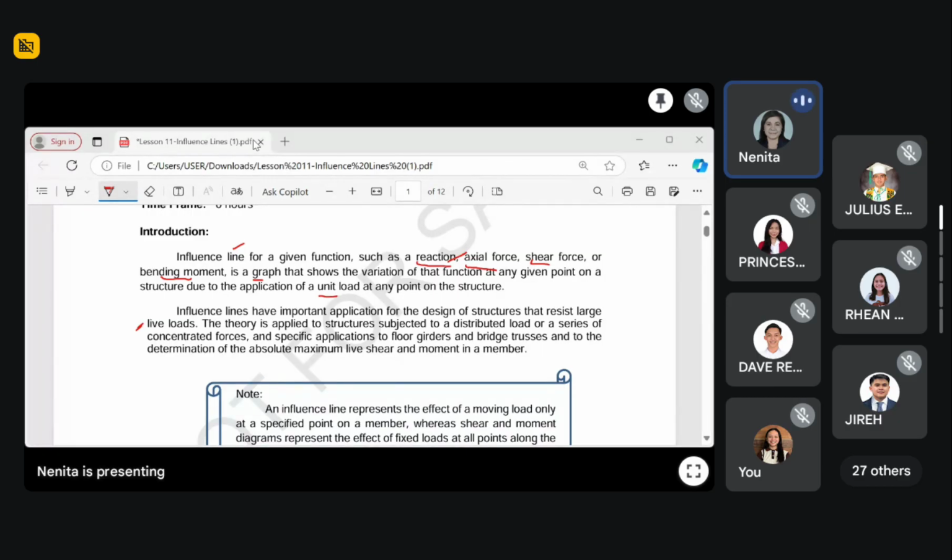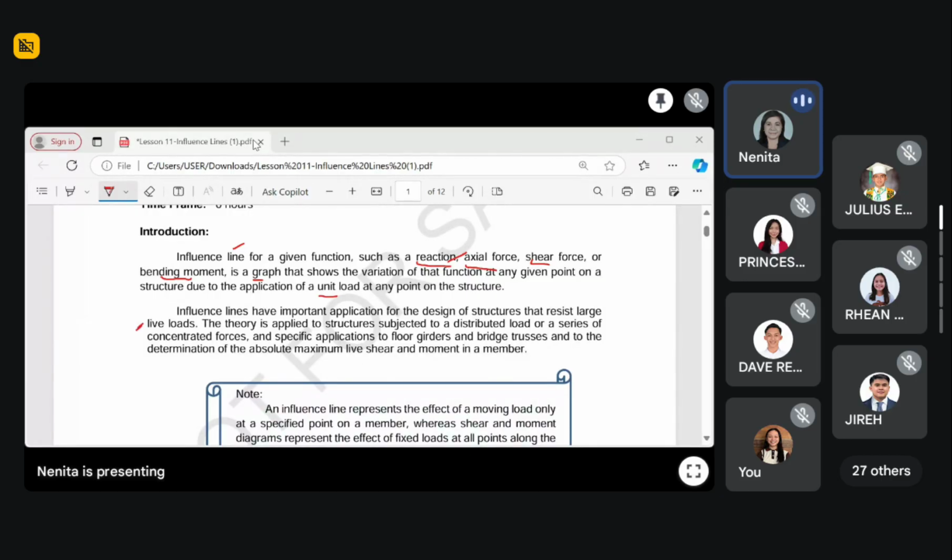Then by the 12th and the 15th, we are going to have a series. Our topic is series of influence lines, the maximum value of shear due to a series of concentrated loads.